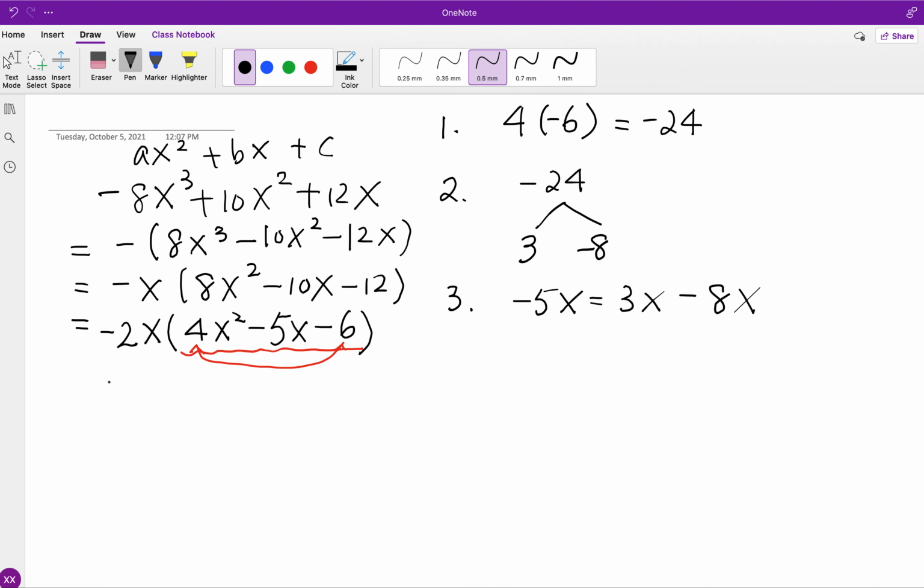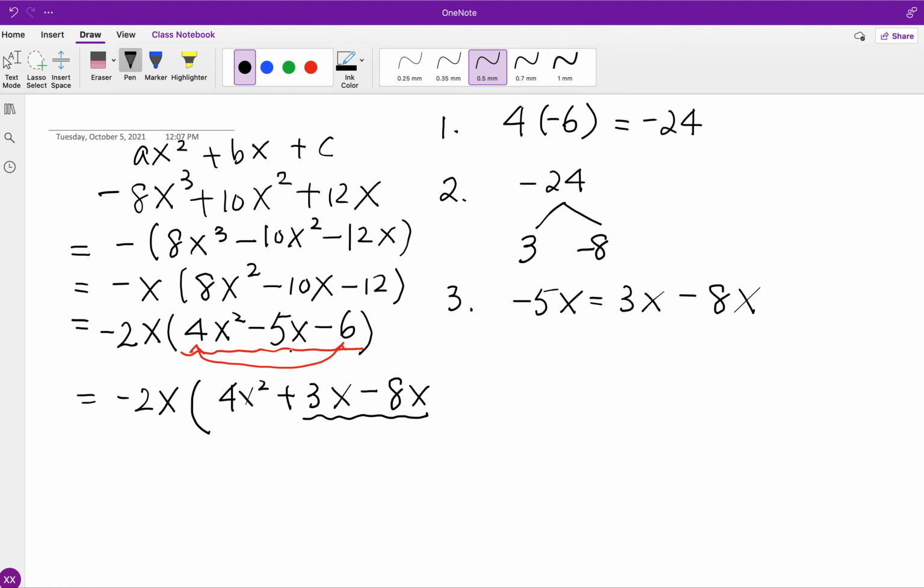So here we go. Negative 2x is still outside, and then we have 4x squared. Now this negative 5x becomes positive 3x and negative 8x.